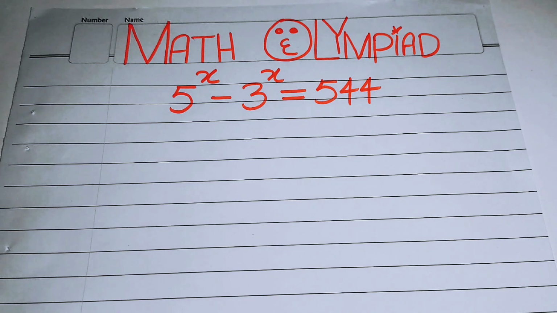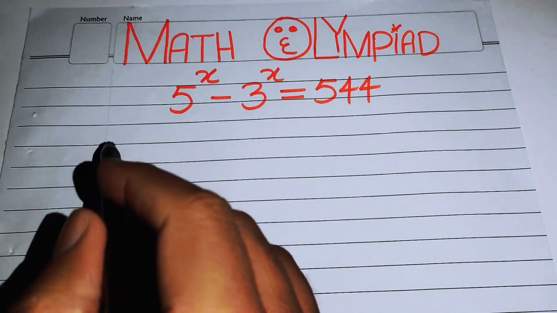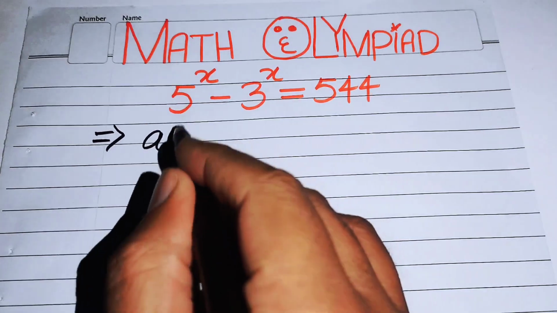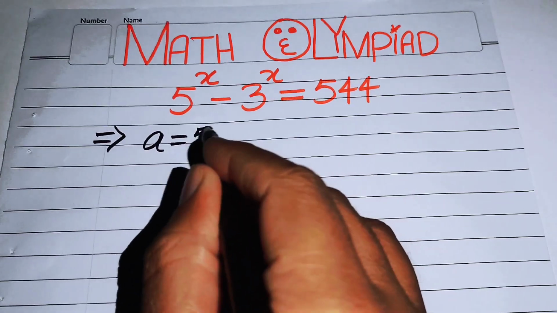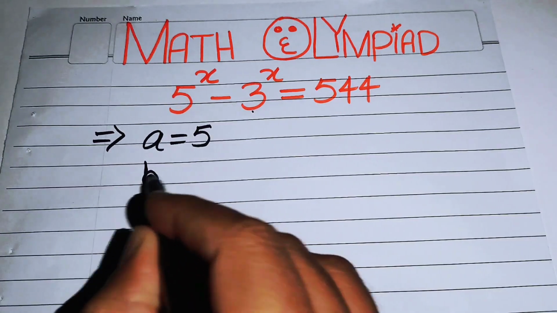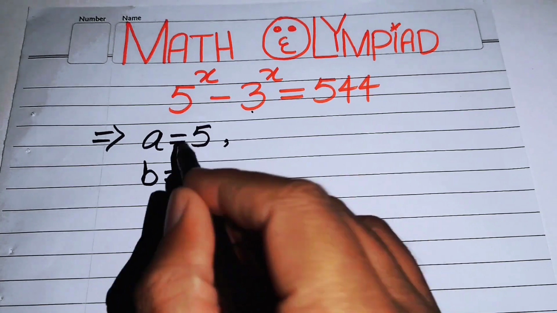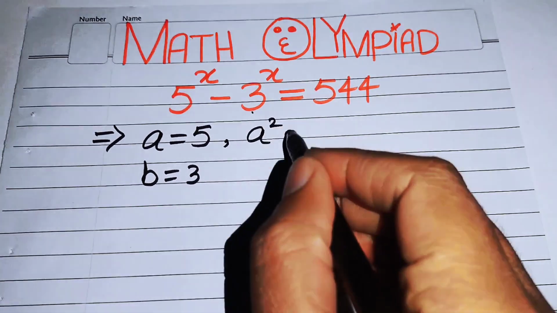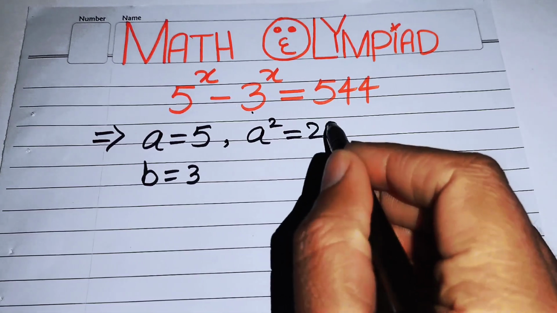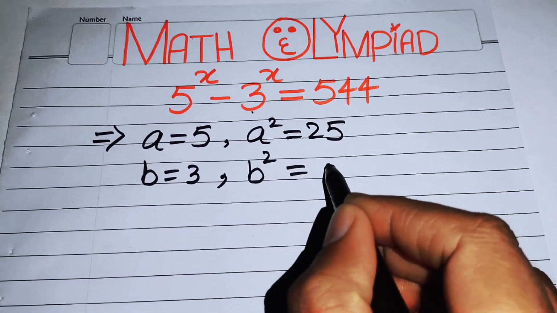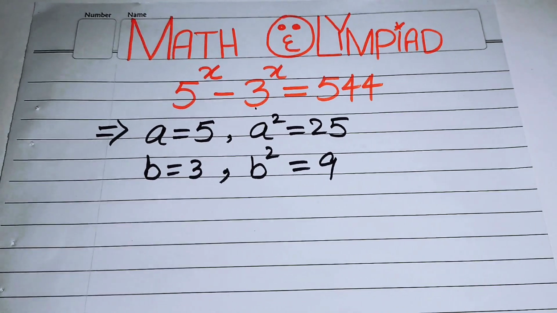The very first thing we are going to do is take 5 equals a, and 3 equals b. When we square both sides, you get a squared equals 25, and b squared equals 9.